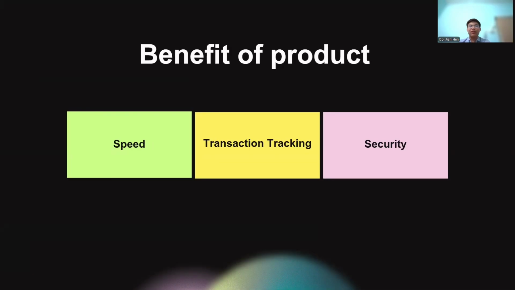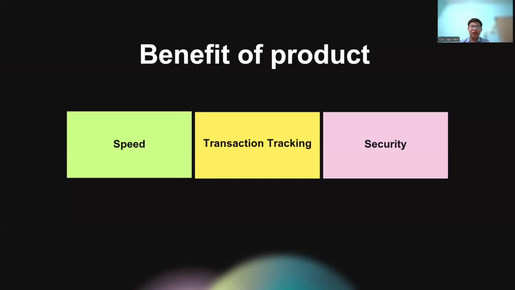Then the second is transaction tracking. The staff and also the vendor can view their spending history and transaction history, and they can manage their finances, like the staff can request a refund.